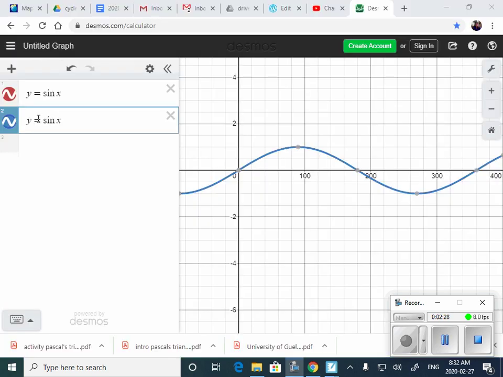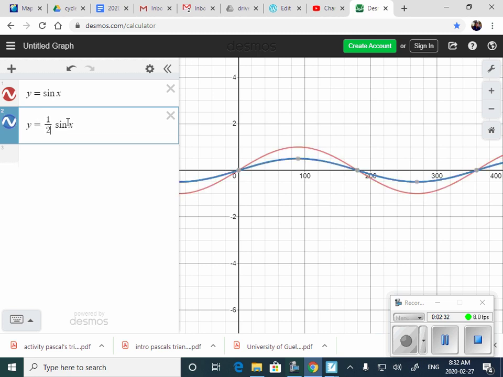All right, so my original function is sine x, and if I have a half, there, the blue one is half as high and half as low as the original function. So my transformations are the same as other functions, just change that amplitude. It is only up to 1/2 and down to -1/2.